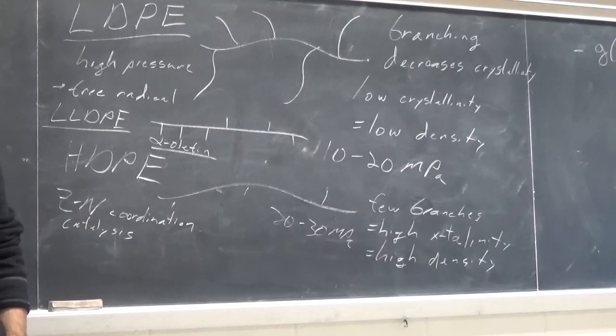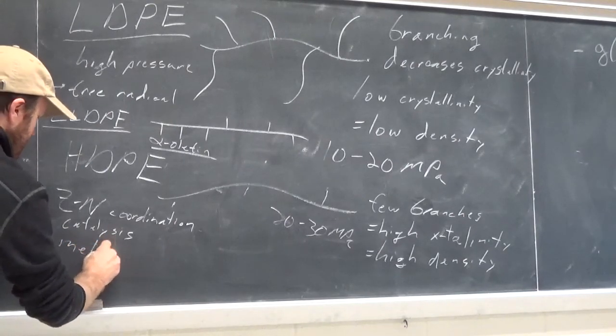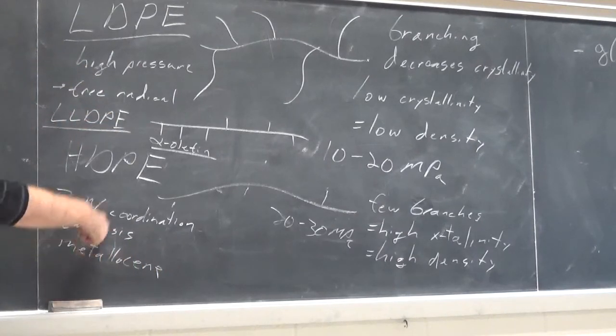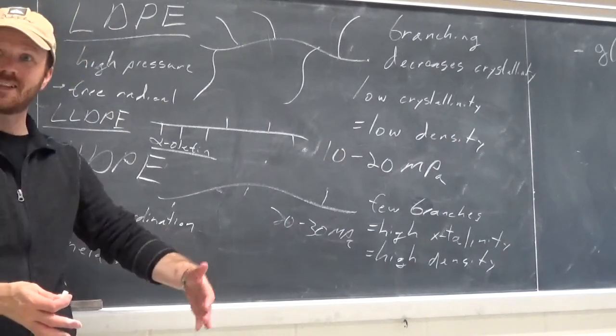Any other questions on polyethylenes? So for HDPE, is it wrong to say, if I use the single site coordination catalyst for the synthesis, is that wrong? No, so you can use metallocene. So you can use single site for this, you can use single site for LLDPE. In fact, a lot of technology is switching from Ziegler-Natta to metallocene.